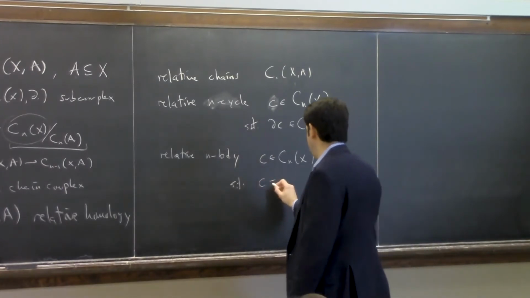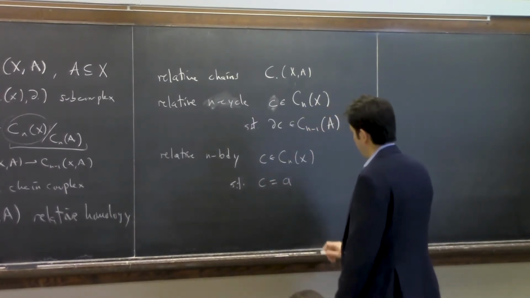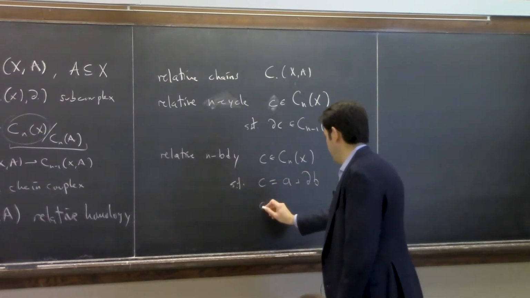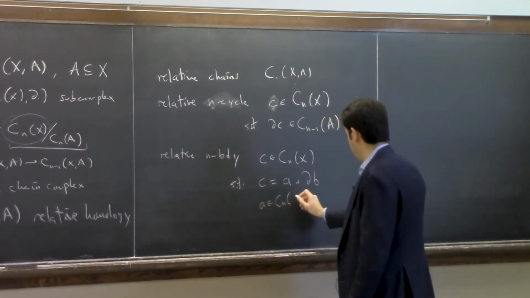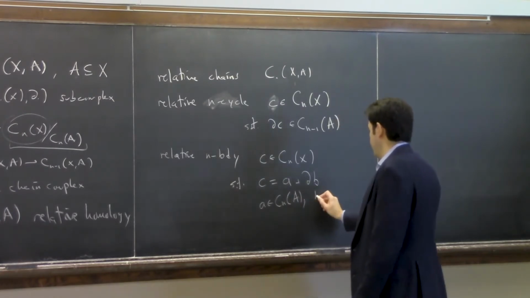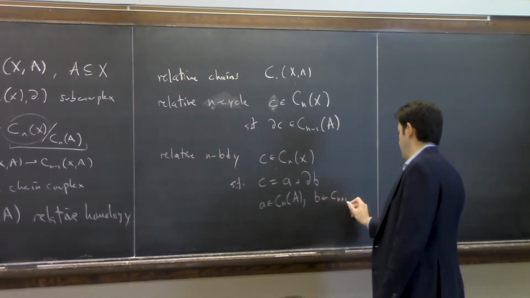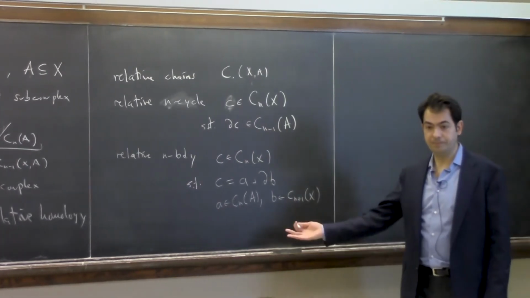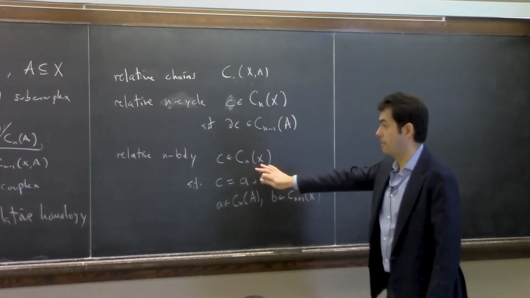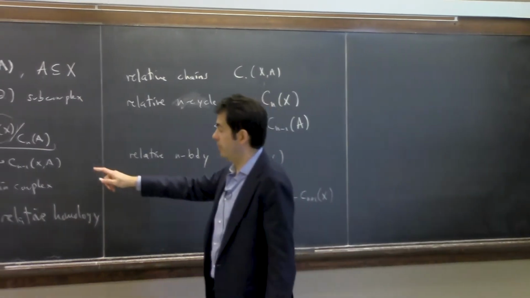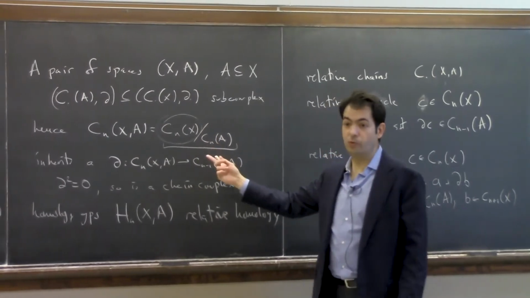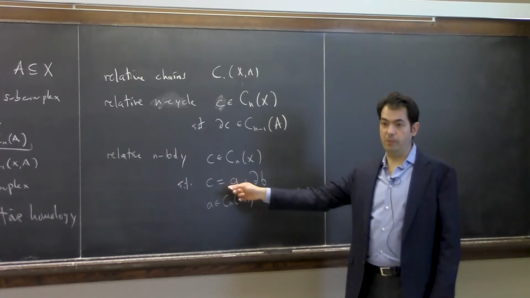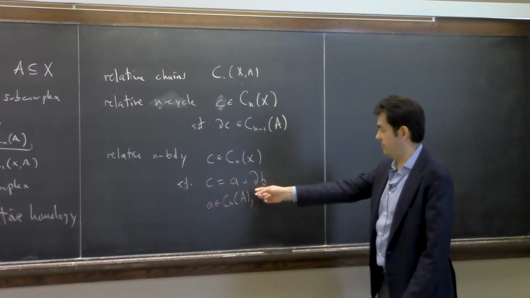That means I'm allowed to put anything I want from A, a in C_n(A), but then I want the result to be a boundary in C_{n+1}(X). This is how a representative of somebody in the image of the boundary in this quotient looks. You can add anything you like in A, and it doesn't matter because you're going to mod out by that. But once you kill that, then you should have a boundary.